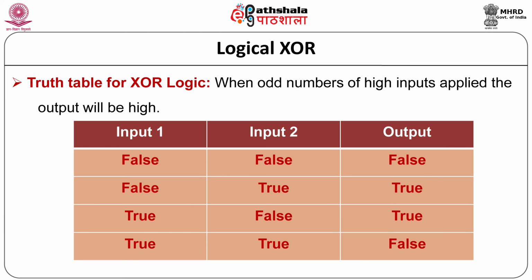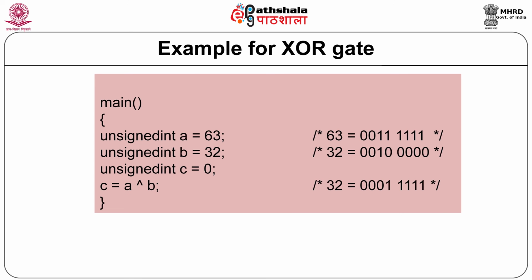When input 1 and input 2 are true, then the result is false. When input 1 is false and input 2 is true, the result is true. Or input 1 true, input 2 false, the result is true. So one can use this operator as per their need. This is a simple example of how to use the XOR gate, or XOR logic, in a program.